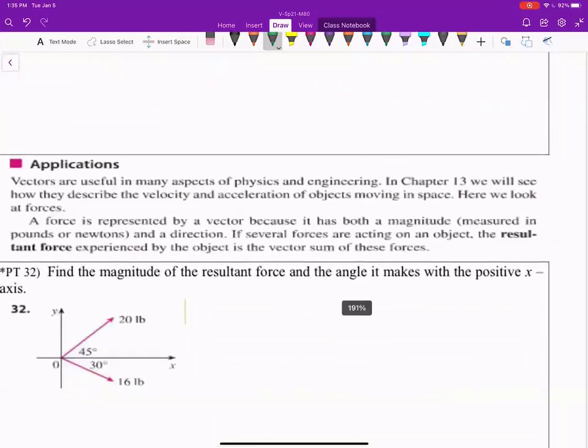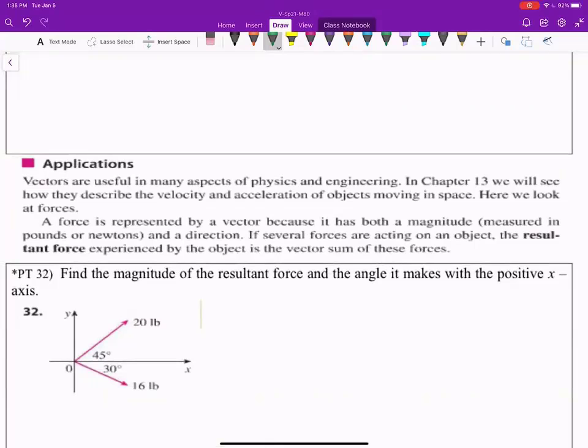Then what is one application of these vectors? There are several applications. In this section, we are going to see one application. Vectors are useful in many aspects of physics and engineering. In chapter 13, we will see how they describe the velocity and acceleration of objects moving in space.